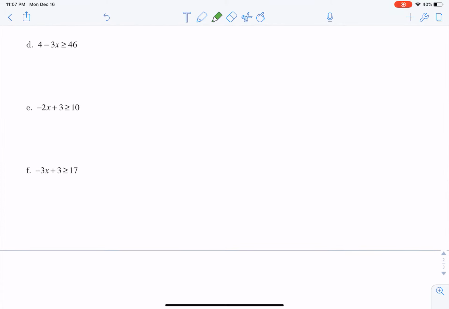Let's look at example F down here. I can subtract 3 from both sides, so -3x is greater than or equal to 14. And I can divide both sides by -3. And when I do that, I'm going to switch my inequality here because I'm dividing by a negative number.